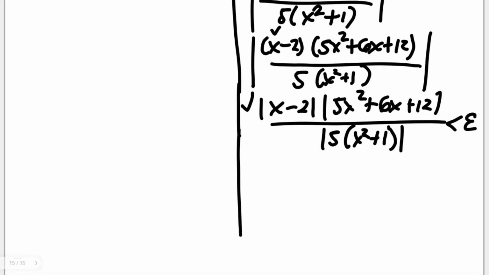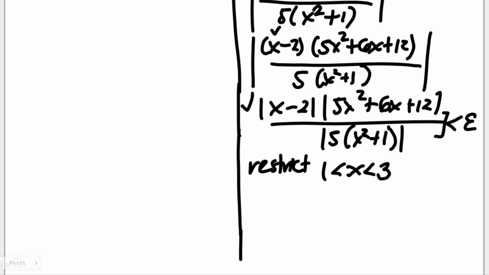But we need to emphasize that these two should also be represented in terms of x minus 2. And how can we do that? Okay, so we need to do that step by step. Because this is too complicated, let us assume, okay, we restrict here x to be between 1 and 3.